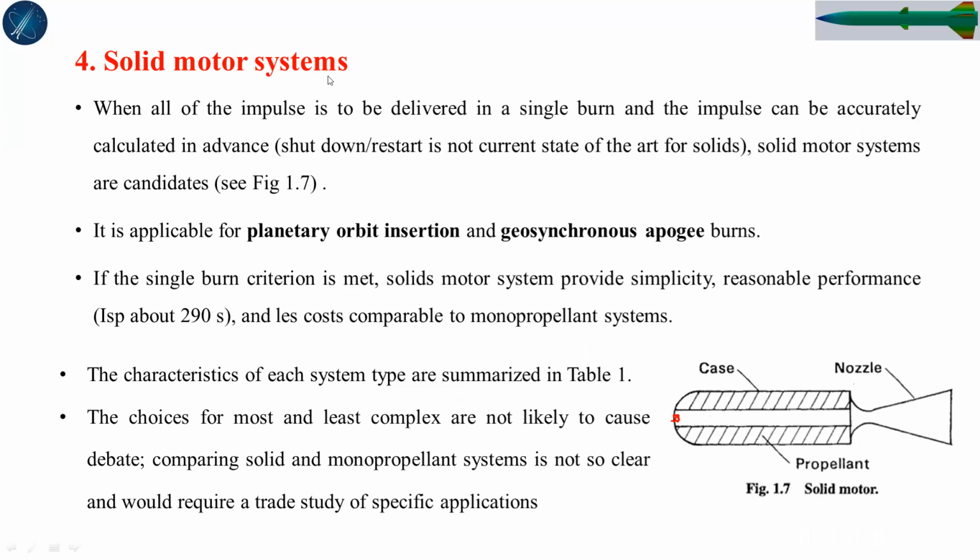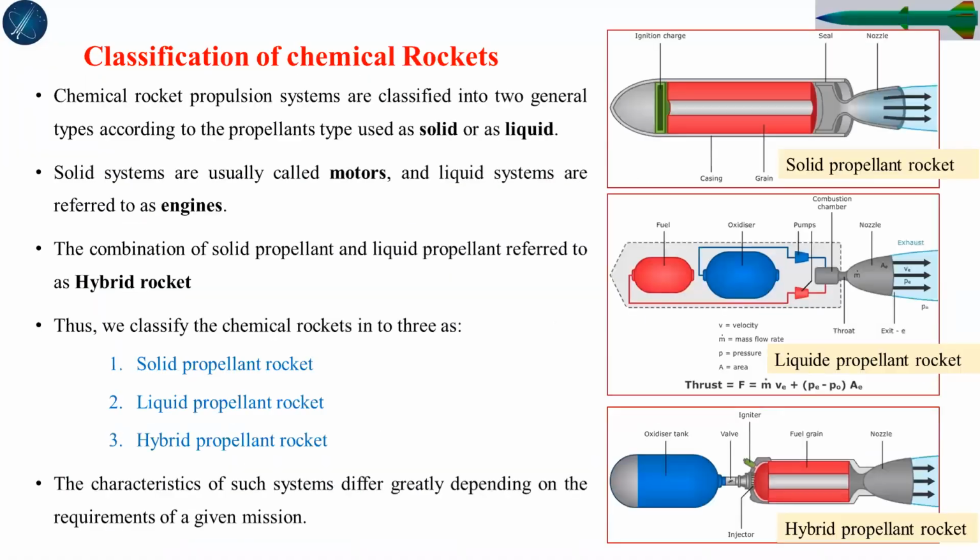So in the solid motor system, we have various components. One is the casing, another is the propellant itself, and the nozzle is there. There are also igniters, and there are also the protection layers.